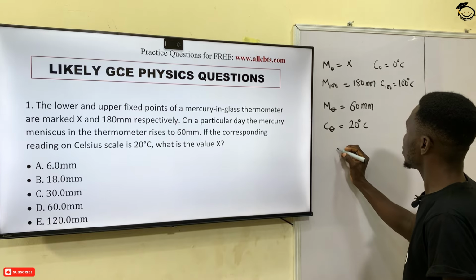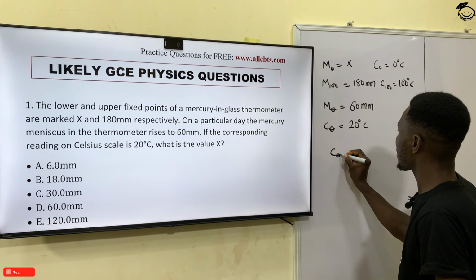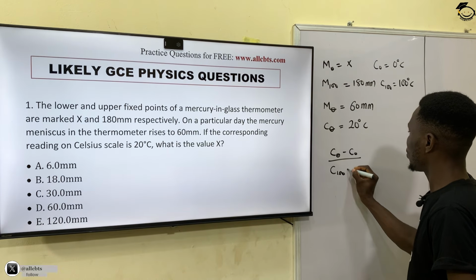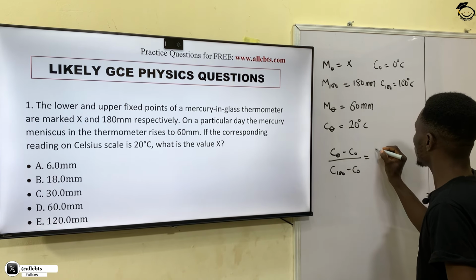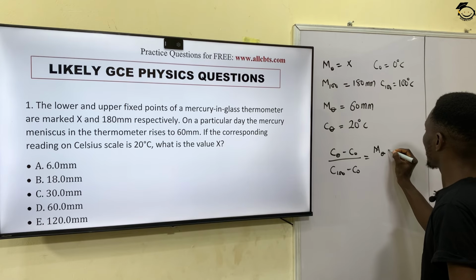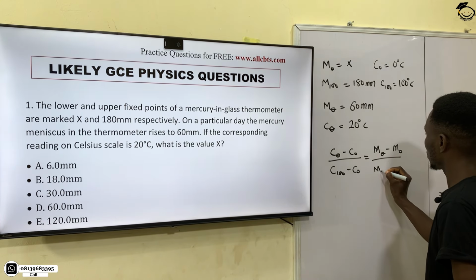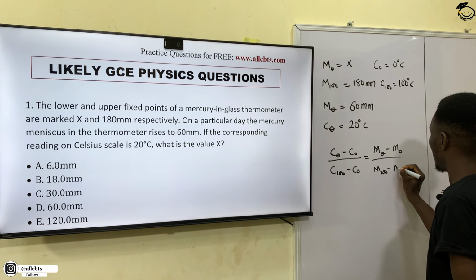So let's do that. I'll be having C theta minus C naught over C100 minus C naught to be equal to M theta minus M naught over M100 minus M naught.